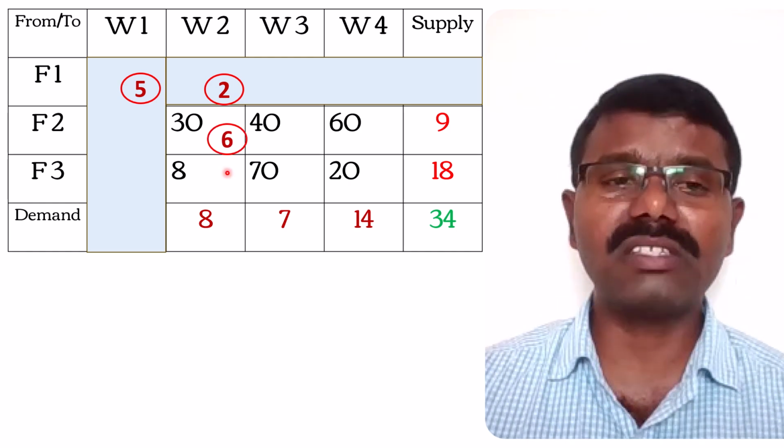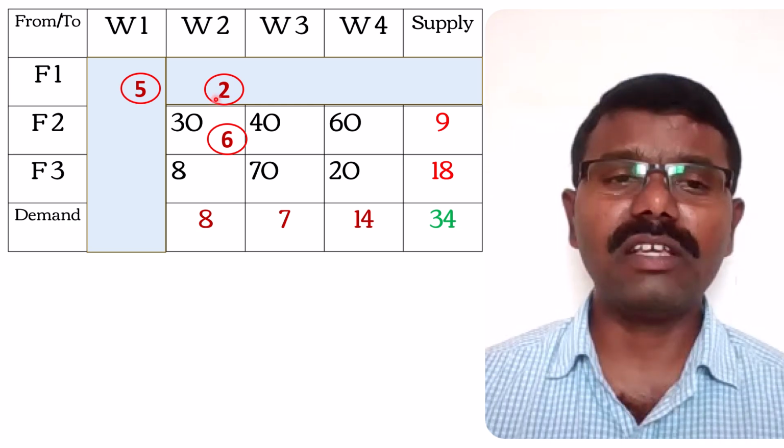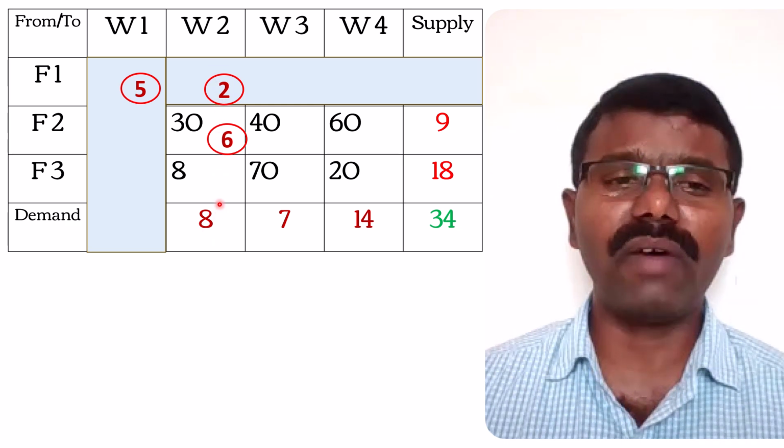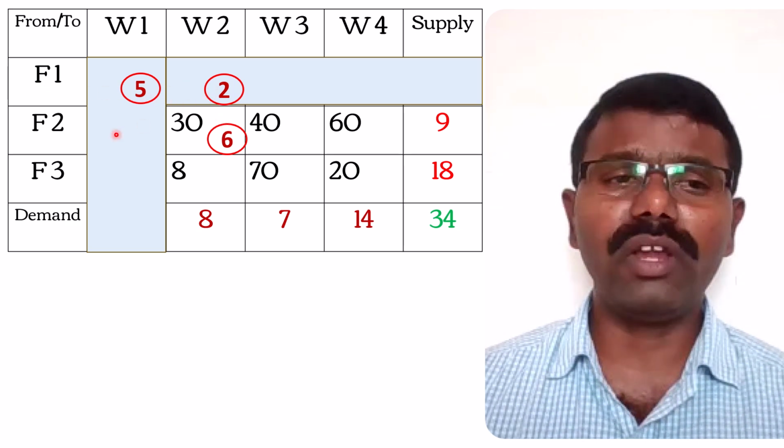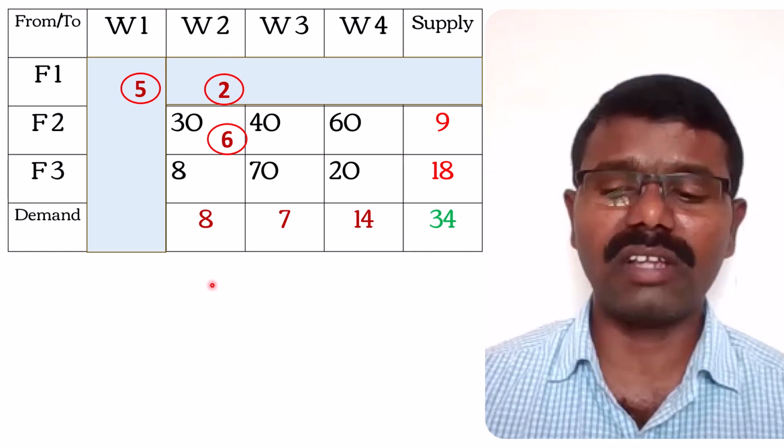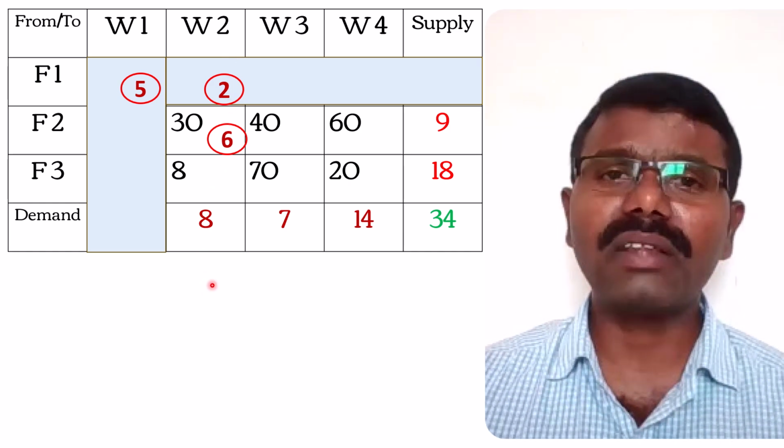So if you assign 6 here, this entire warehouse required a demand of 8, and that 8 we achieved from factory 1, 2 units, and factory 2, 6 units. So warehouse 2 will be cancelled now because it already met the demand.